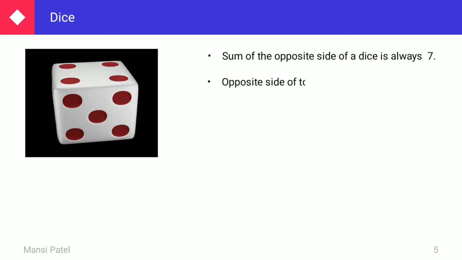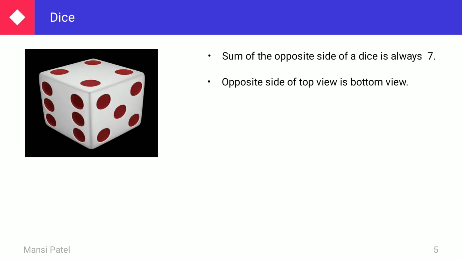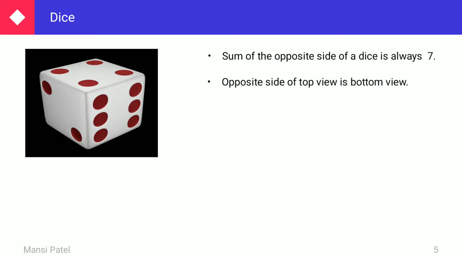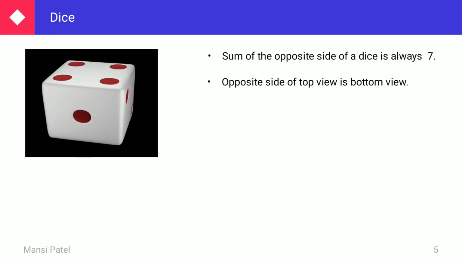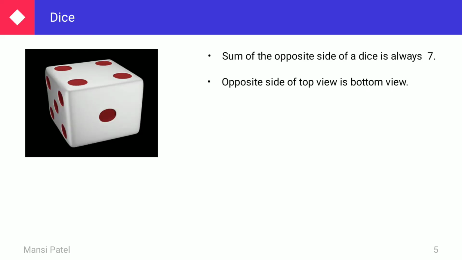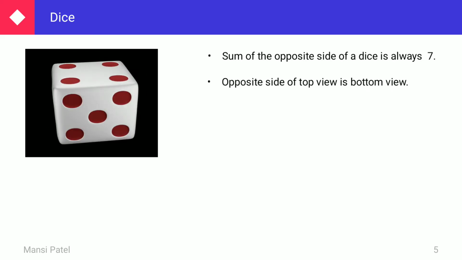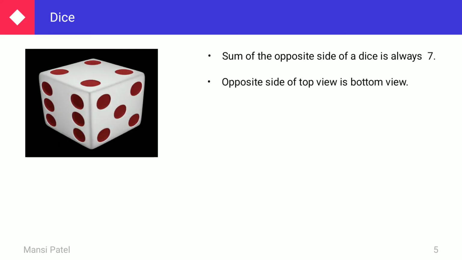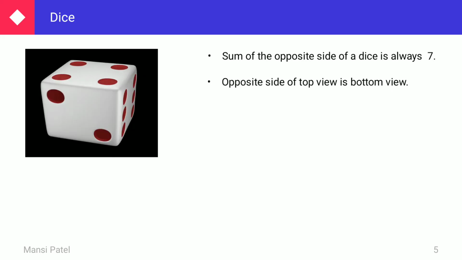Then, the opposite side of the top. See here, which number lies on the top? Number 4. So what is the opposite side of the top view? That is the bottom view. If there is number 4 on the top, which number is on the bottom? We can say that on the bottom there is number 3.